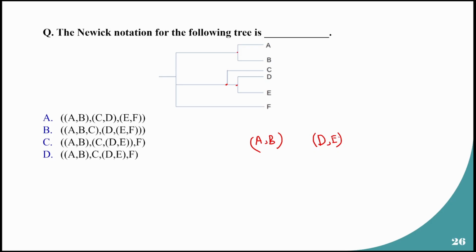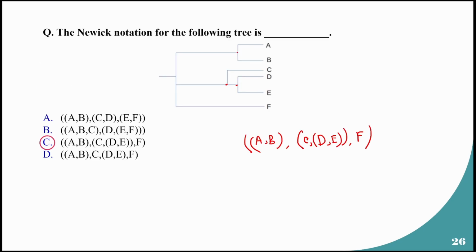So this entire combined D and E, we can put as having a common point with C. So we need to do something like this, where D and E are included together with C in a common parenthesis. And then F is left here, so I guess we can just put F anywhere here. Okay, so this should be the entirety of the Newick notation here. As all of you are saying, option C should be correct, right?